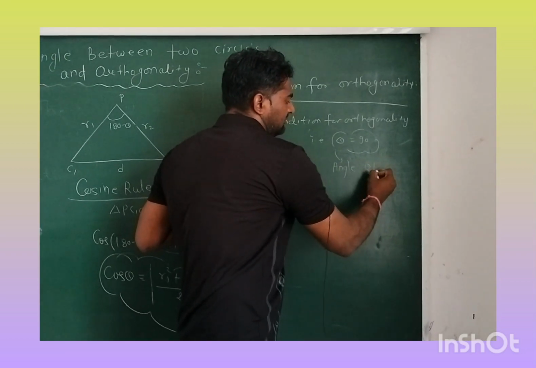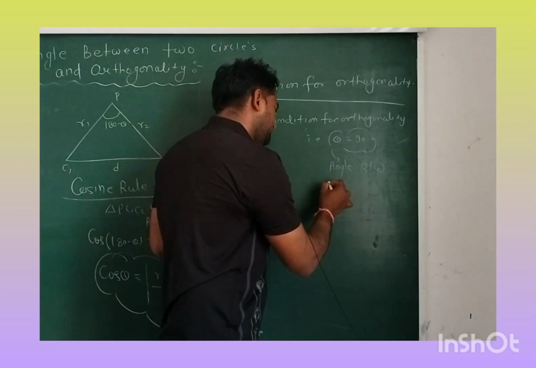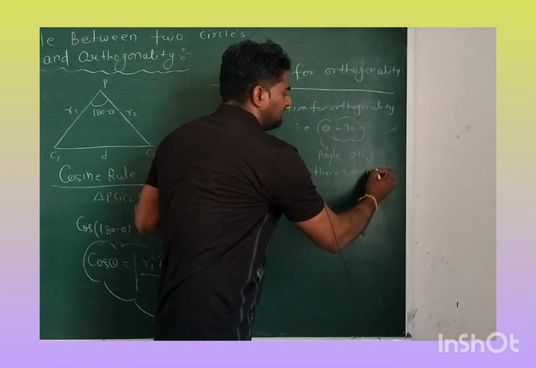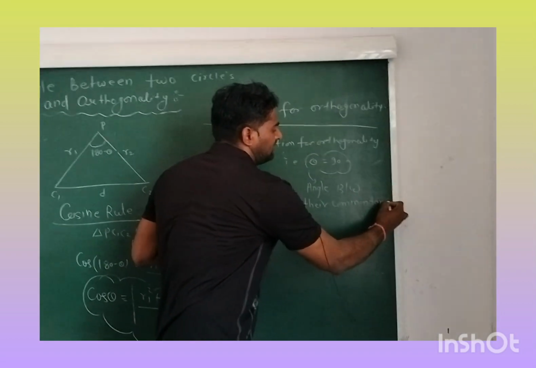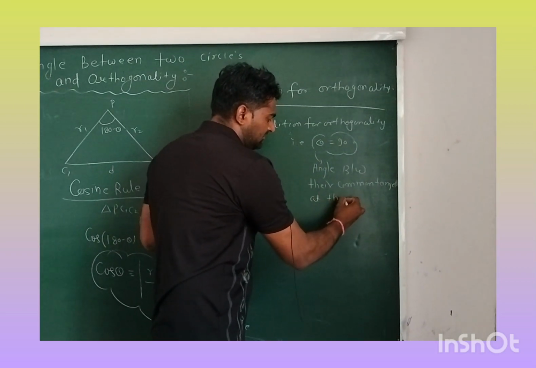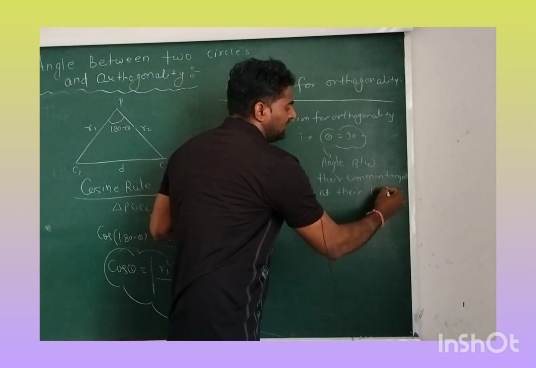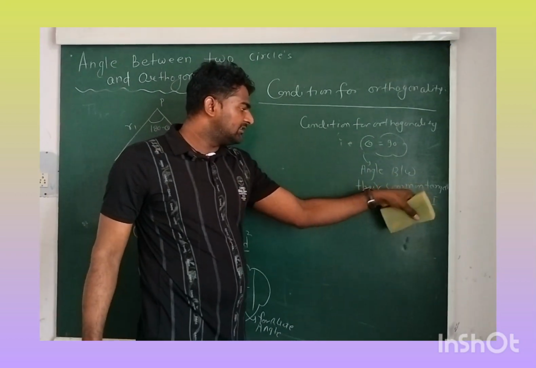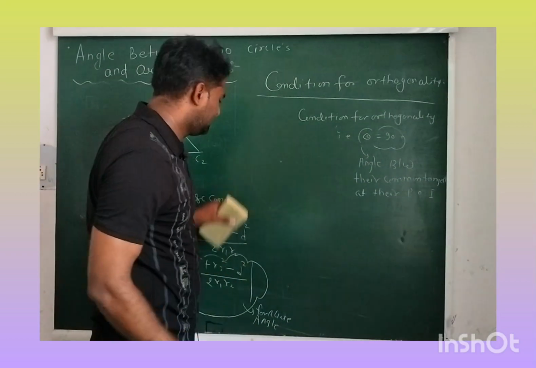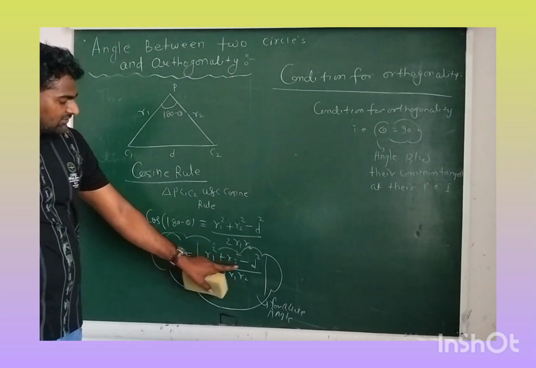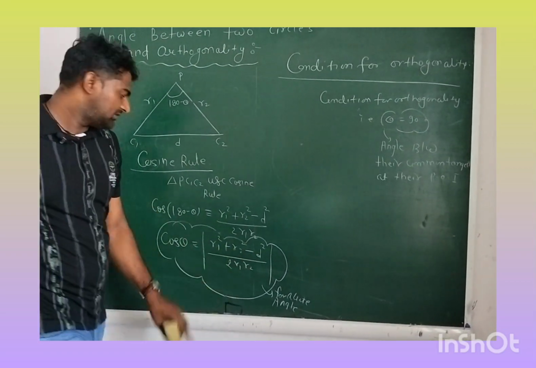And what is theta? Theta is the angle between their common tangents at their point of intersection. So from this equation we know cos theta equals (R1 square plus R2 square minus D square) by 2 R1 R2.